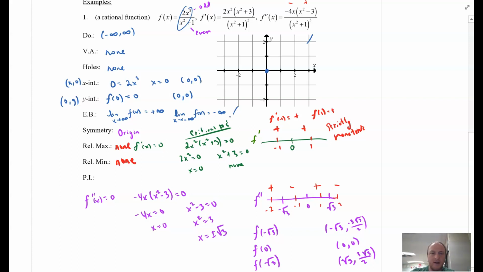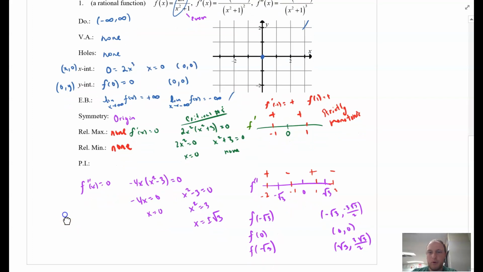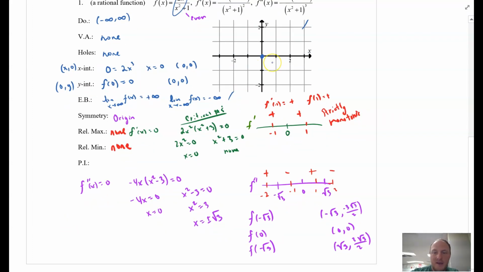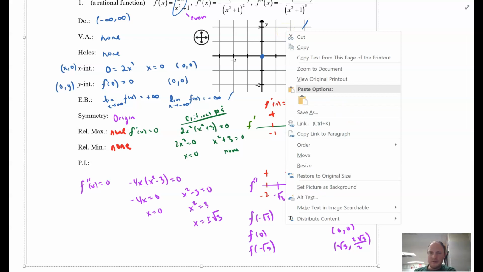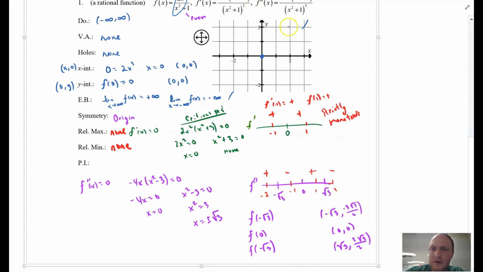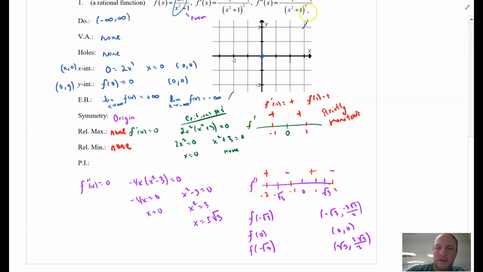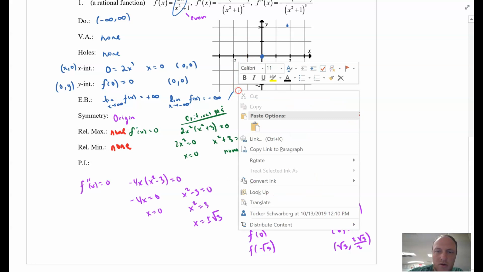Okay, and then we have points of inflection. Now our points of inflection are 0, 0, and then root 3, 3 root 3 over 2. So that's right about here. No, a little bit higher. Up here. So I'm going to erase my end behavior and adjust. Okay, and then this one's going to be right about there.